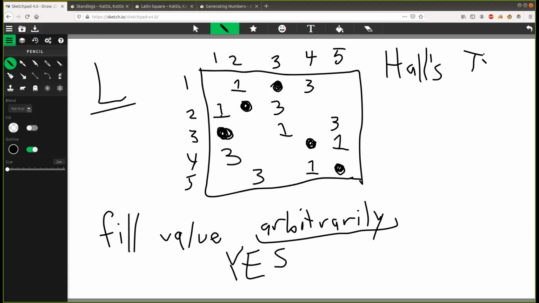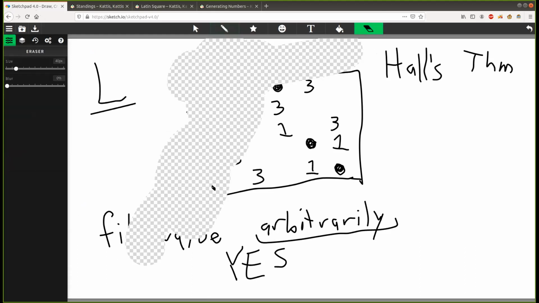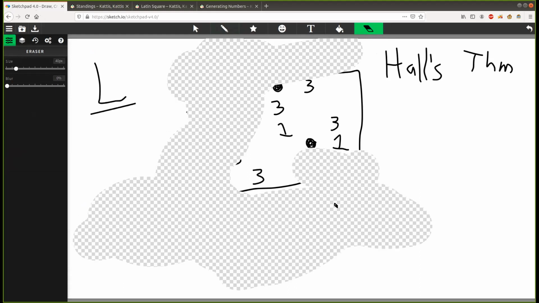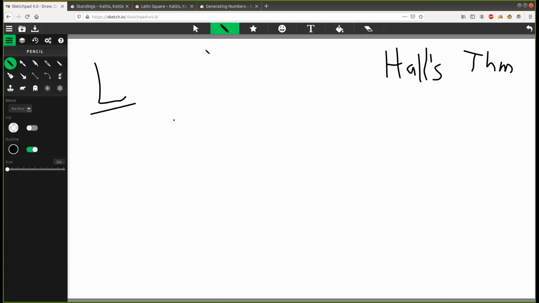In order to do this, there's Hall's theorem. Let's look at what that says. It gives a condition for when a perfect matching exists. It says that a condition for a perfect matching is that given any subset of the items on the left, the number of reachable nodes on the right should be at least that many.